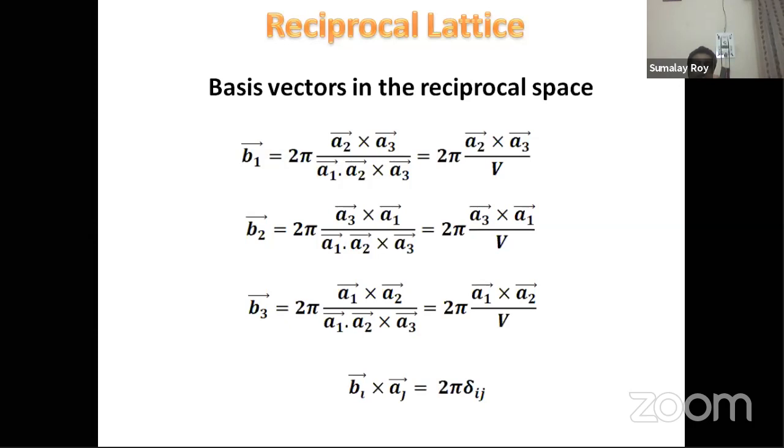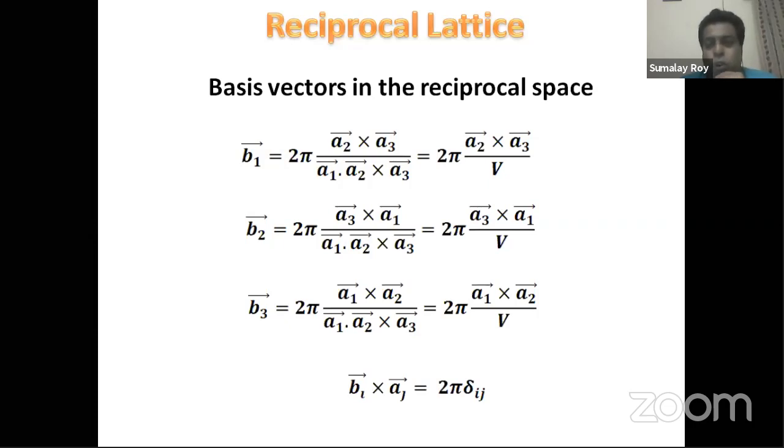So that means bi dot aj only gives you 2 pi when i equals j, and otherwise it's 0. So that means with two vectors in the real lattice, one reciprocal lattice vector must be perpendicular to them. So if a1, a2 are there, then b3 has to be perpendicular.